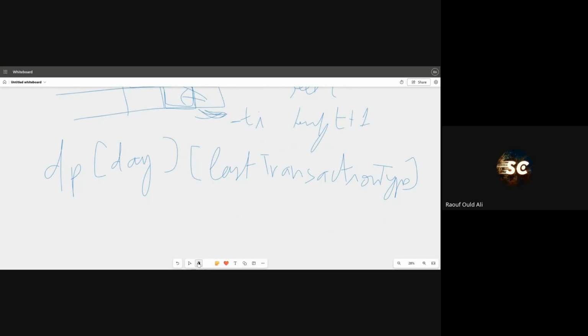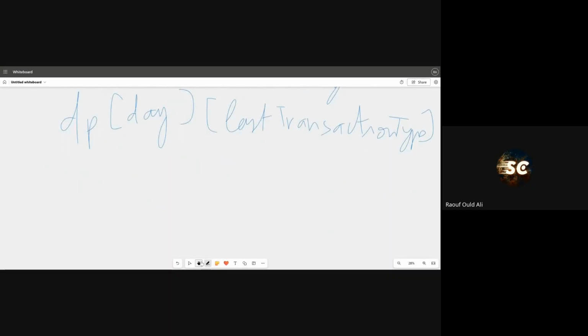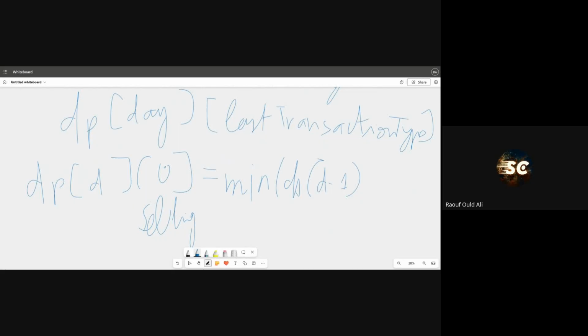So, dp d 0 means that the last thing we've done was, sorry, selling. The last thing done was selling. It equals the maximum between dp d minus 1 0. Like, we are not selling on this day, so we have sold before.